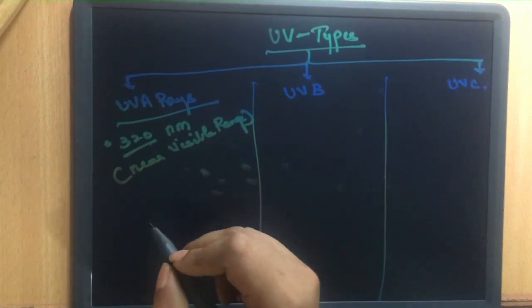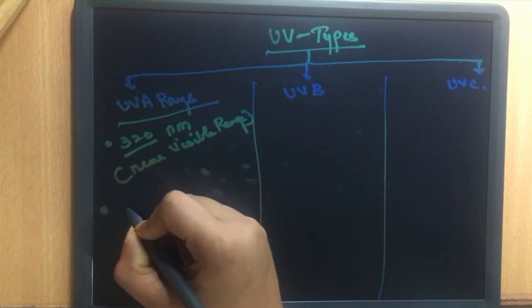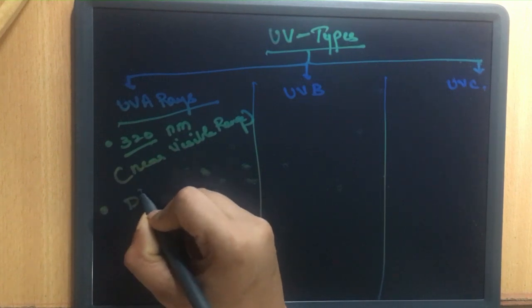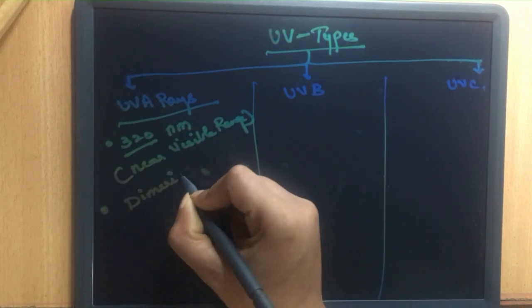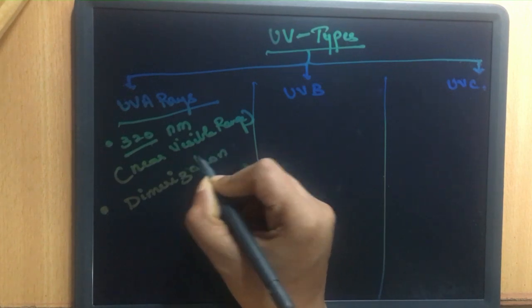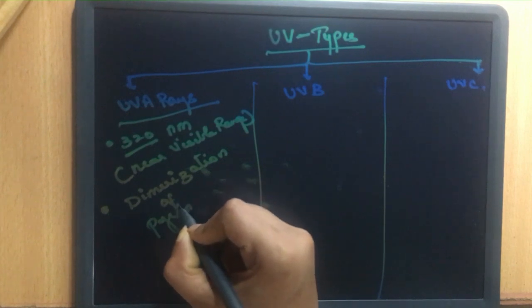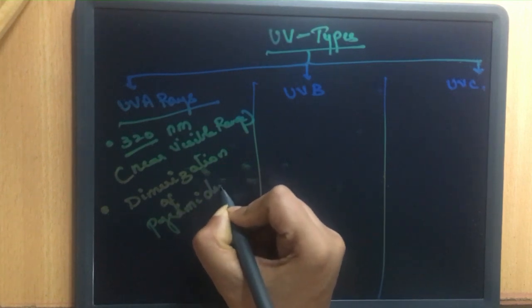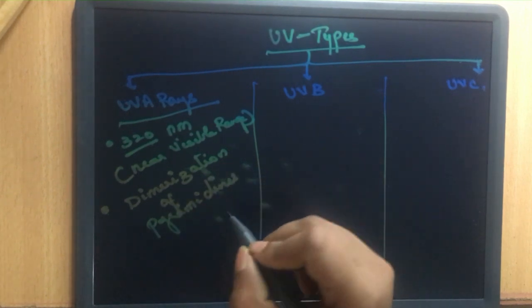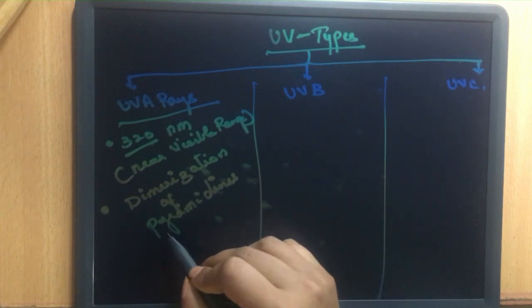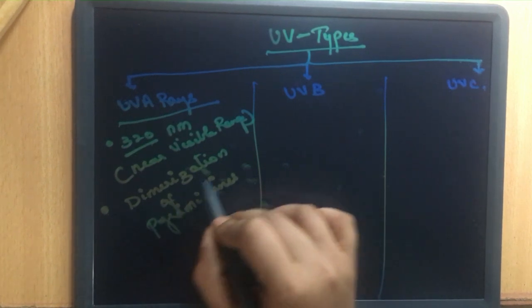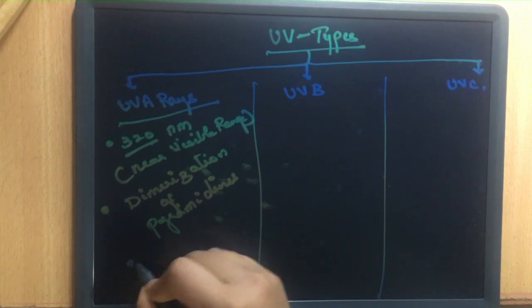Okay, the main effect it causes on the DNA is dimerization of pyrimidines. We know that nucleotides are in two forms, that is purines and pyrimidines. It causes the dimerization of pyrimidines.